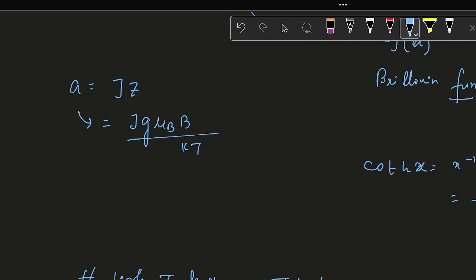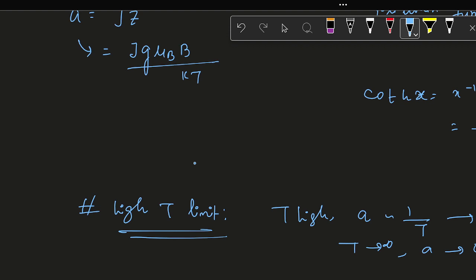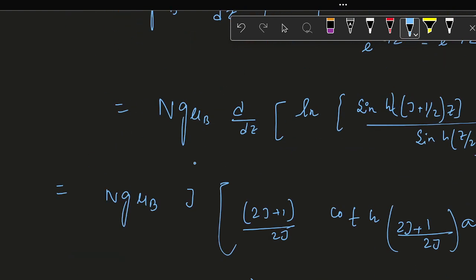If your temperature is very high, then your a value, which goes as the inverse of temperature, will go to 0. So T tends to infinity makes a tend to 0. That means in all these factors you see there is a coth with some multiplicative factor into a, and also in this term there is coth of a by 2j.